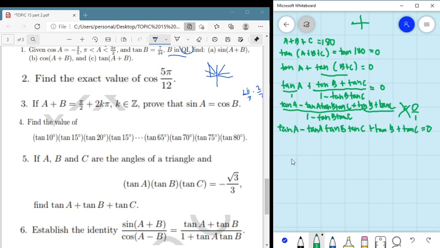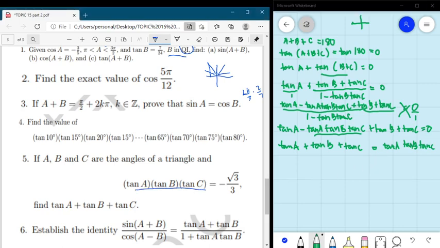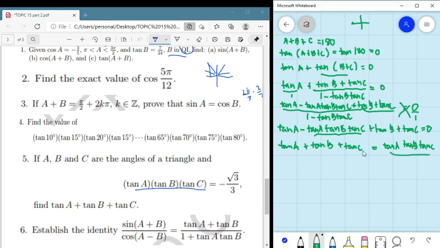Okay, so since we need to find tangent A plus tangent B plus tangent C, we can transpose to the other side. So that's why we have tangent A plus tangent B plus tangent C is equal to tangent A, tangent B, tangent C. And we know that in the given, the product of the three is equal to negative square root of 3 over 3.